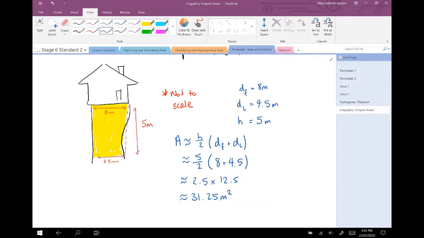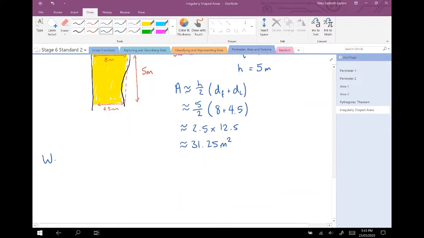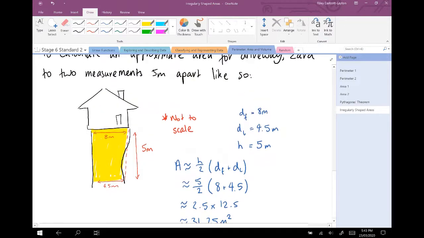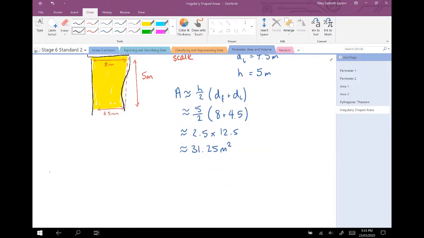Now, I'm going to have a look at a different example. And this example is one where we are breaking up our shape into several trapezia, as we were talking about before. It's going to be a worked example, another one from a different source. So we've got worked example.